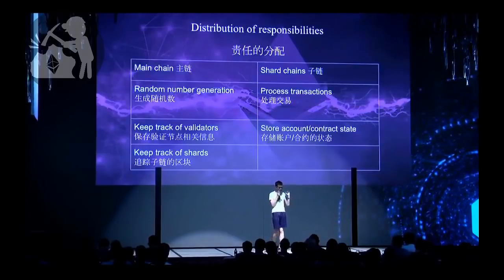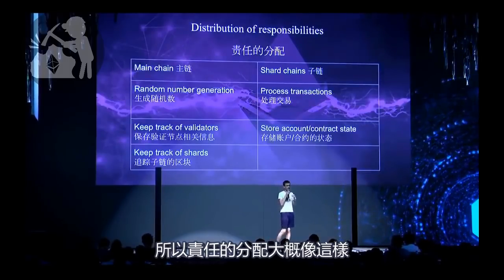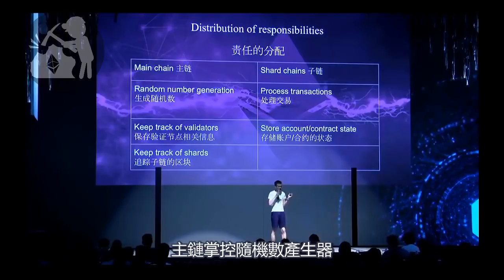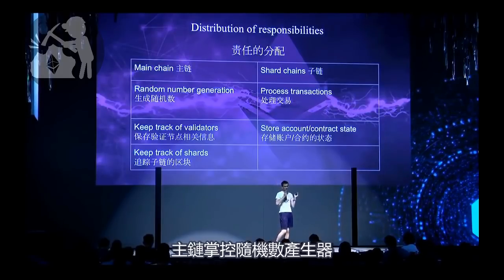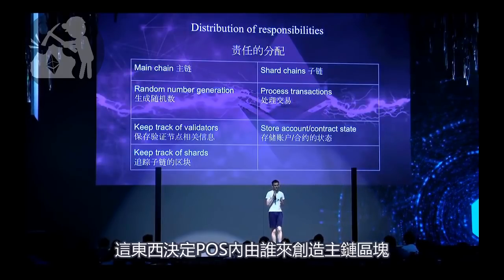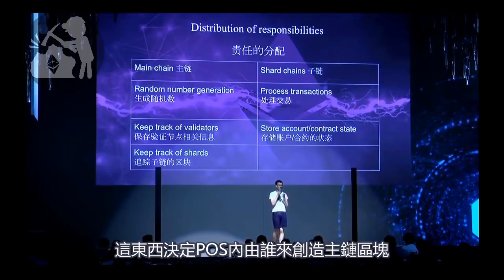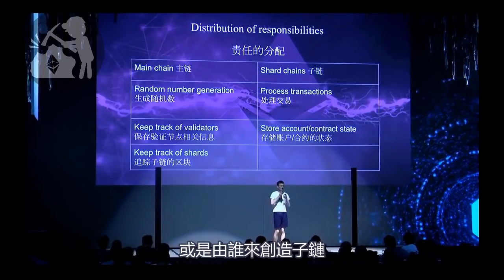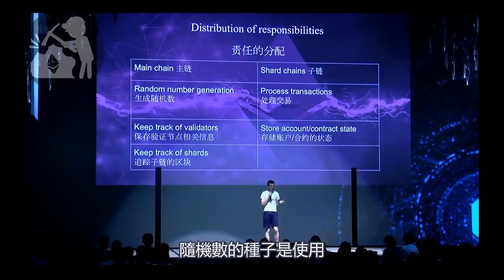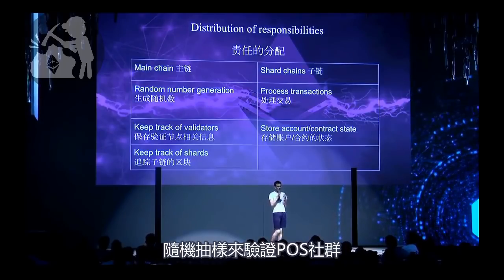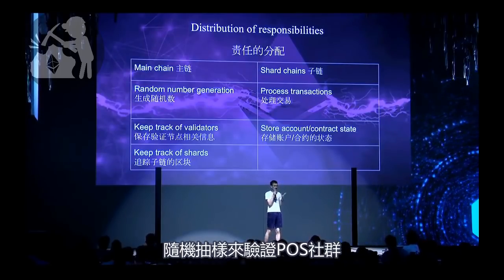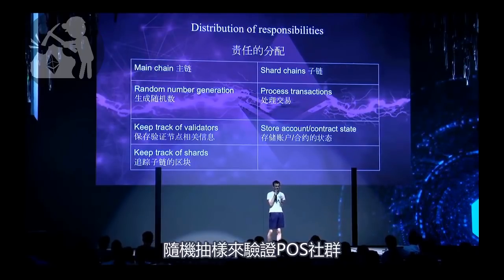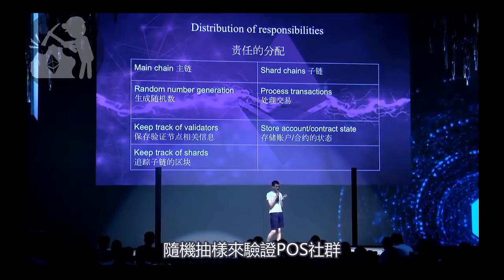So the distribution of responsibilities is like this, right? The main chain handles random number generation, which determines proof of stake blocks, who gets to create main chain blocks, who gets to create shard blocks. The random number seeds are used to randomly sample committees of validators that need to validate blocks on any particular shard.